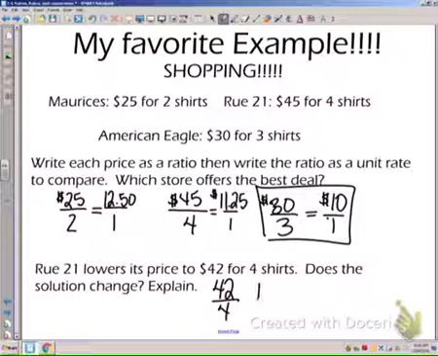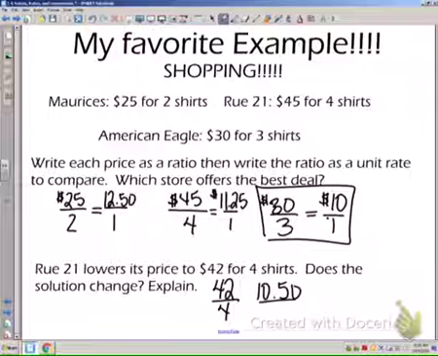It would be $10.50, I believe, for 1 shirt. So did my solution change? Nope. The solution did not change. The price is still cheaper to get them at American Eagle. I mean, it changed the price for the Route 21 shirts. You know, they're 75 cents cheaper now, but my shirts from American Eagle are still 50 cents cheaper than the ones from Route 21.